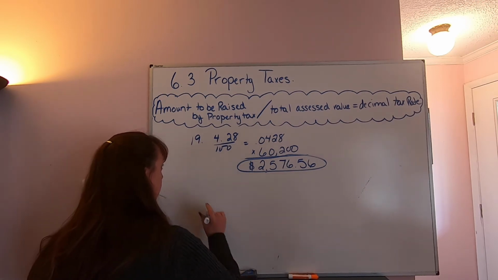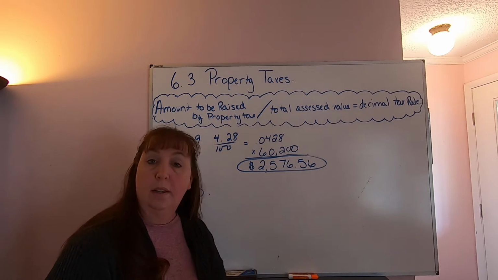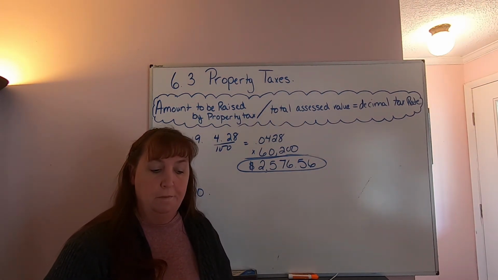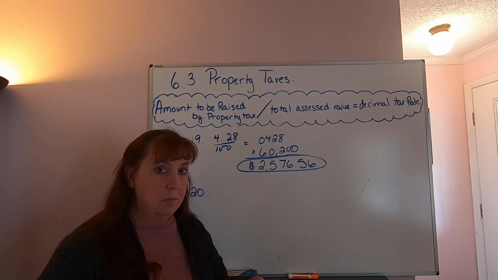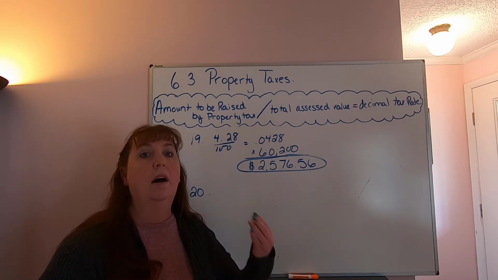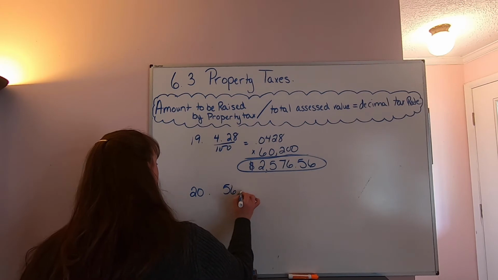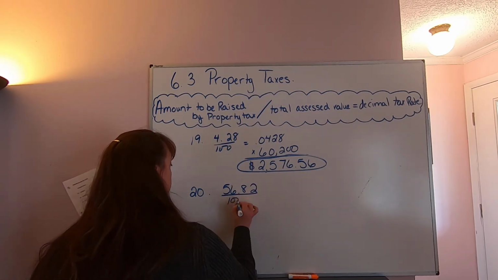Question number 20 reads, you have an assessed value of 19,800, 56.82 mils per $1. So again, with mils, we've got to divide by 1,000. So 56.82 divided by 1,000.